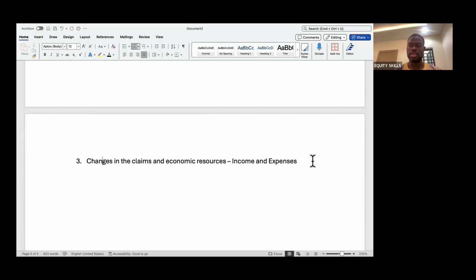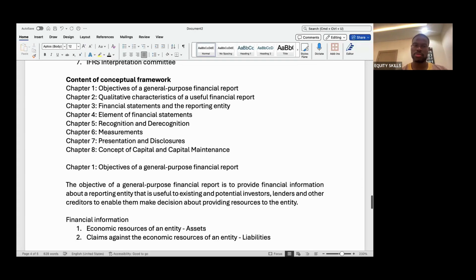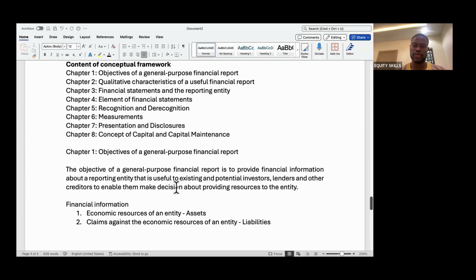Secondly, is the primary users of financial reports. Why am I calling them primary users? Because this conceptual framework has narrowed down the users to just 3 sets of people.